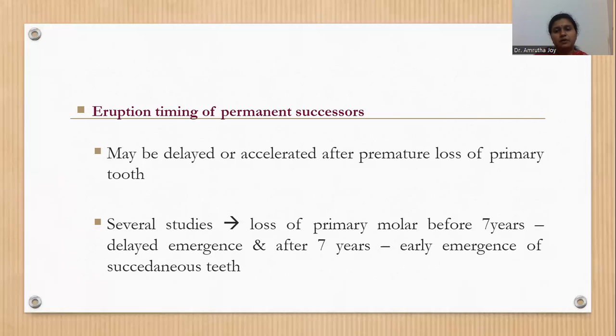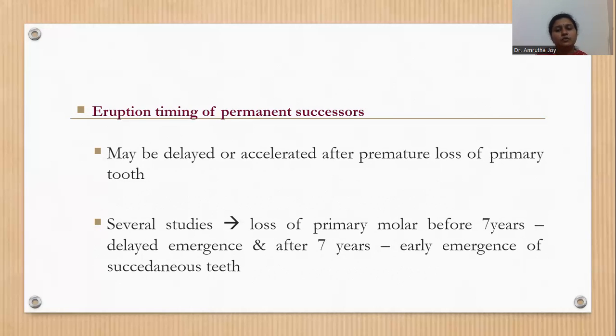Eruption timing of permanent successors. Usually the permanent tooth erupts when more than one third of the root is formed. The effect on eruption timing may differ depending upon the age of the patient. It can be delayed or accelerated depending on at what age the primary tooth is lost.